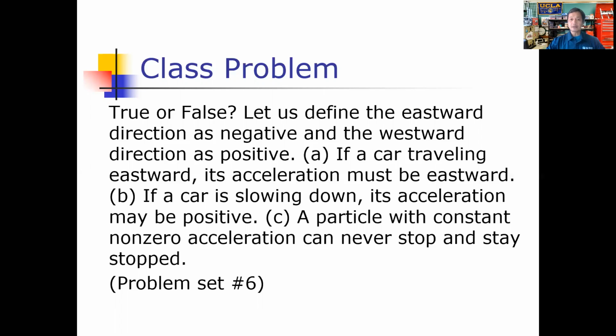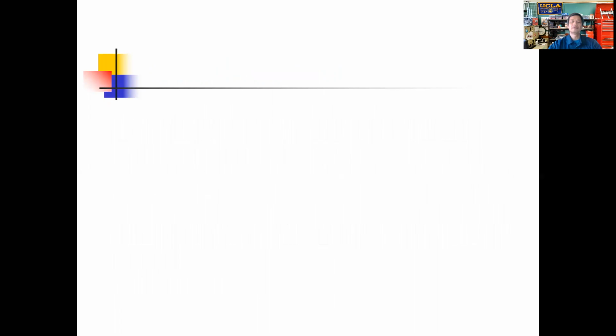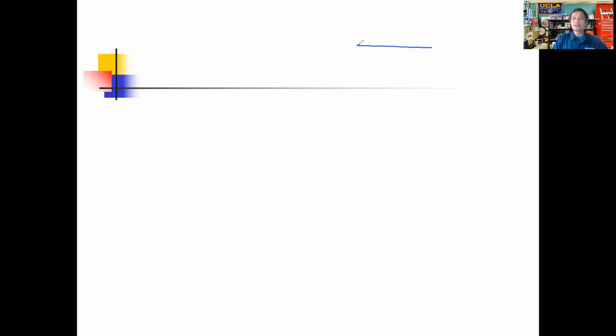All right, let's take a look at what we have here. Let's work this one out together. For the very first one, we're told we have a car, and let's define the direction here. I'm going to do this for you. I'm going to define the direction along the x-axis. We have a car moving along the east-west direction.